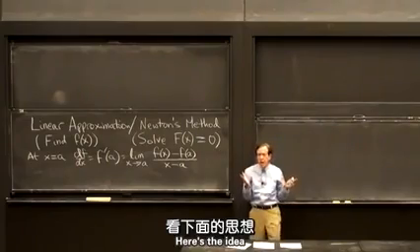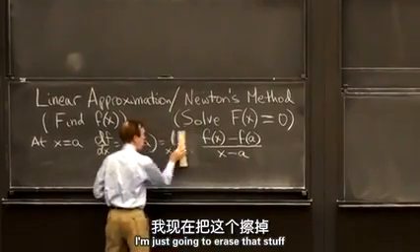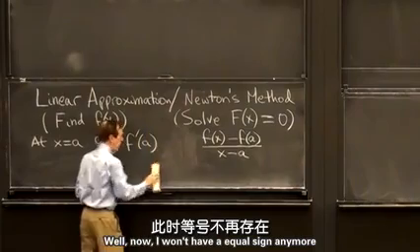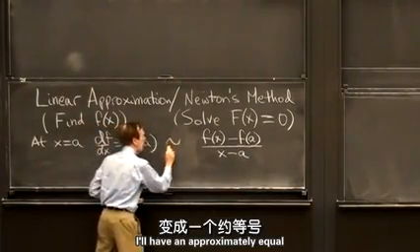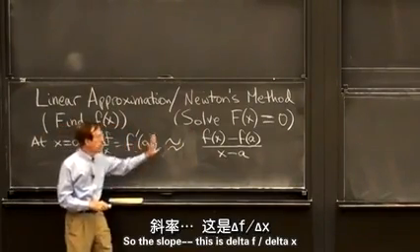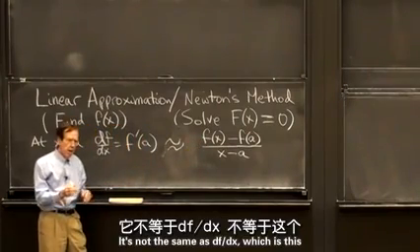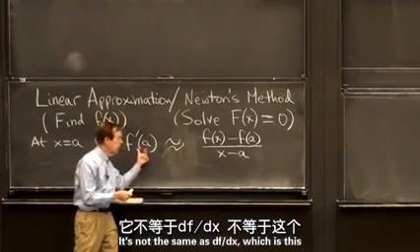Okay, here's the idea. I'm just going to erase that stuff. Well, now I won't have an equal sign anymore. I'll have an approximately equal. So this slope, delta f over delta x, is not the same as df dx, which is this.